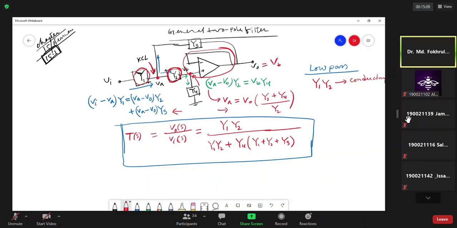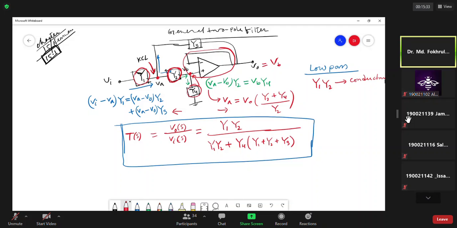And if the element Y4 is a capacitor, then it will produce roll off at high frequency. Roll off is what? Yesterday we discussed that roll off is the slope, the straight line approximation just outside the pass band.